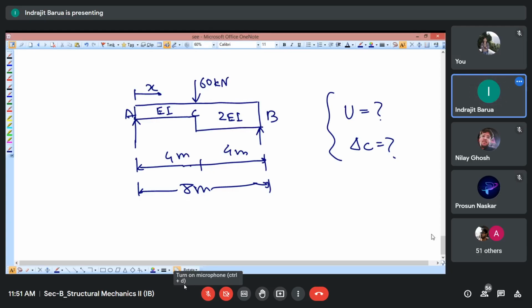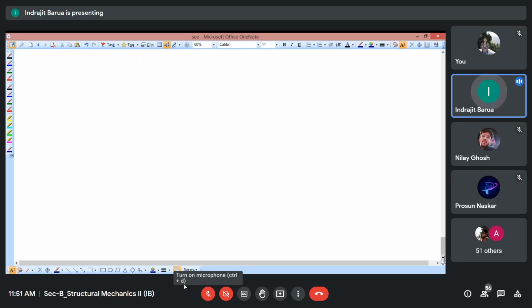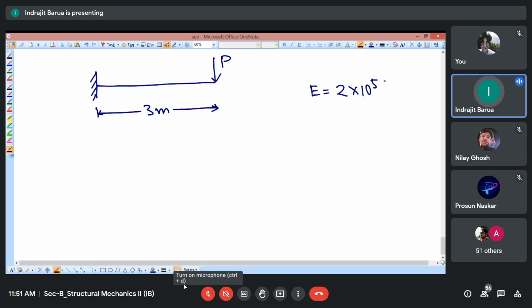So what we will be doing is, let's say you already have the expression for the cantilever, that is there in your copy. If necessary I will be giving you again. Okay, so this is your cantilever beam. A force P is acting here. This is 3 meter. Your Young's modulus is, you are using steel, 2 into 10 to the power 5 Newton per millimeter square, and your I, okay, I'll give the cross section, you will make I from there. Something like this.